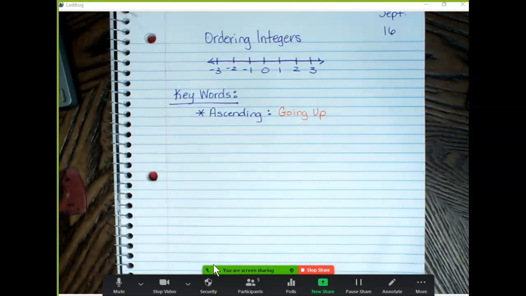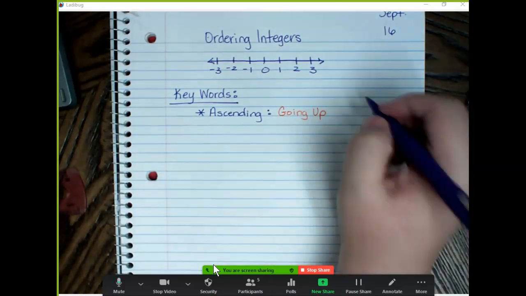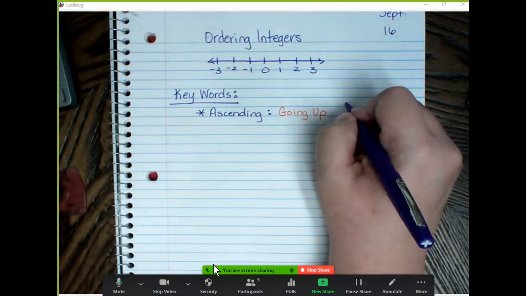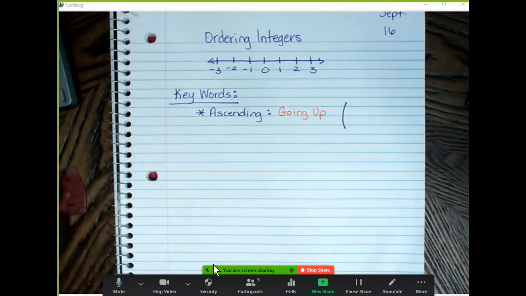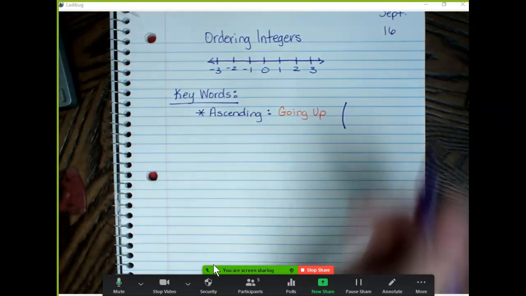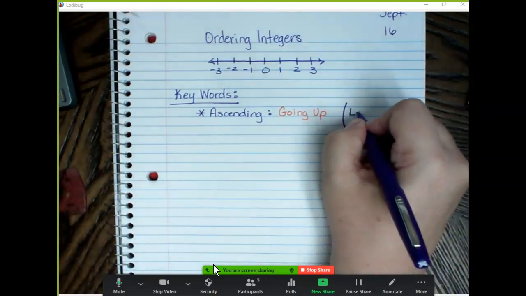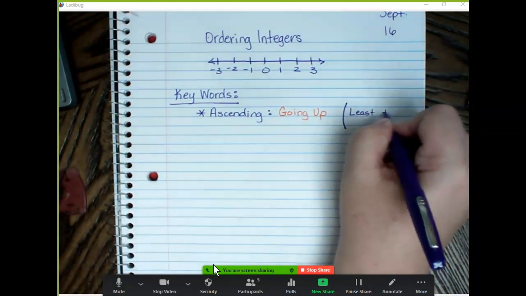It's getting bigger. Which would mean, if something is going up or getting bigger, is that least to greatest or greatest to least? If it's getting bigger, that means I'm starting with my small and going up to bigger. So that is going to be least to greatest.